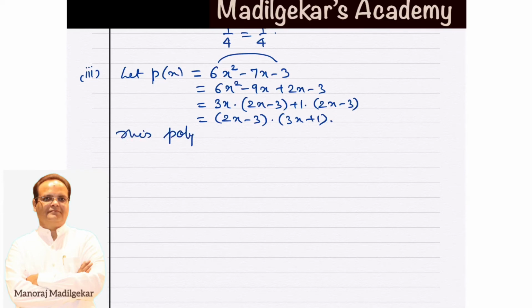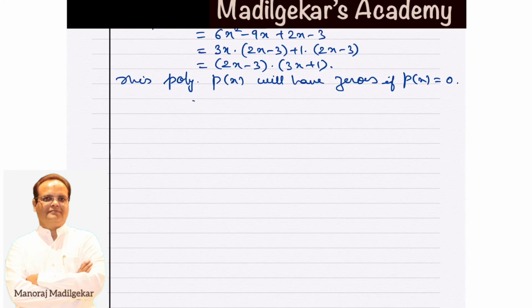This polynomial P of x will have zeros if P of x equals 0. That is 2x minus 3 into 3x plus 1 equals 0.